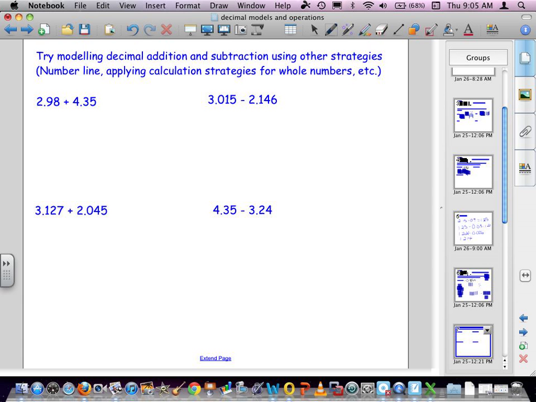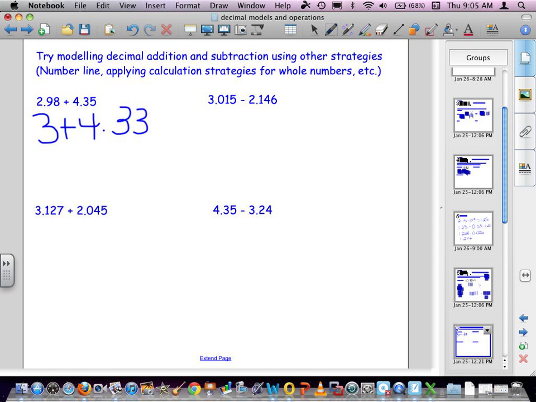Any thoughts? Add the whole numbers first. Okay, that's one strategy. Add the whole numbers first. Make 2.98 into a 3. How could I make 2.98 into a 3, Dennis? Adding 2/100ths. Okay, so I could make this 3 plus what? 4 and 33/100ths.